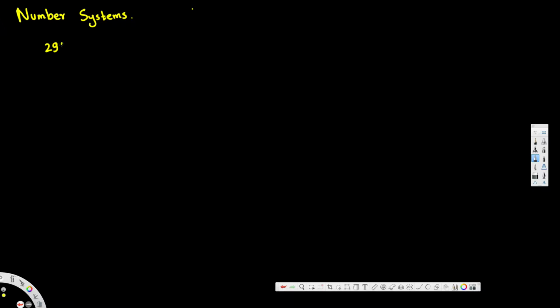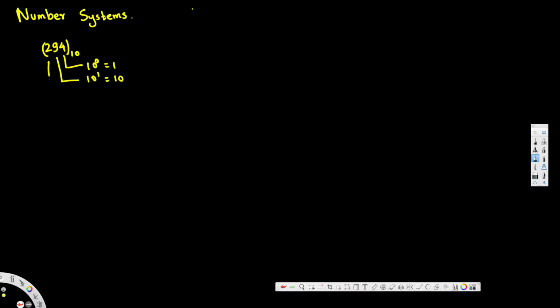Let's say 294. Decimal base is 10, and let's look at the weight of this number. The first position always starts with 0. If it's decimal, it's 10 power 0, that's equal to 1. The weight of this one is 10 power 1, that's equal to 10.